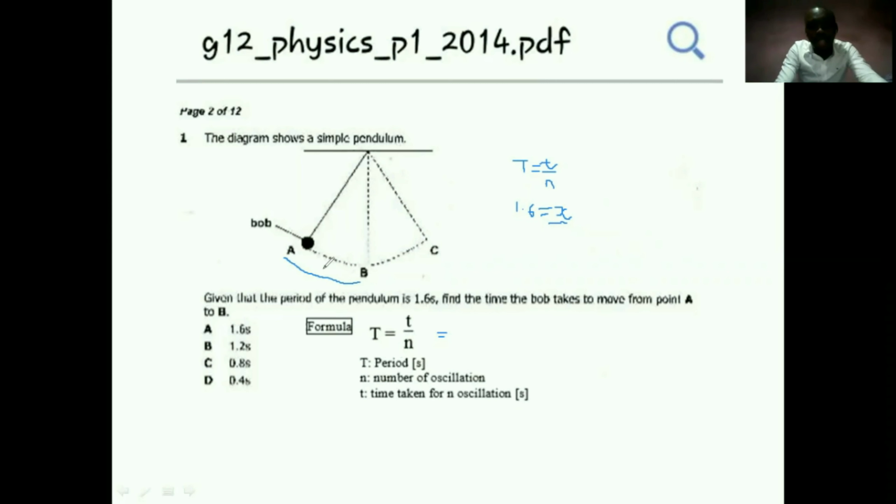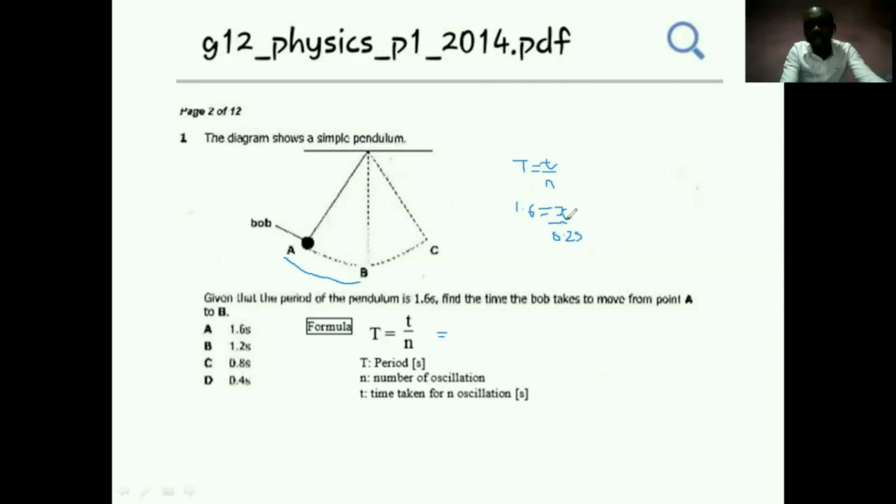Now from point A to point C and back to point A, that is one oscillation. It means from point A to point C is half, and from point A to point B is 1/4, which is the same as 0.25.